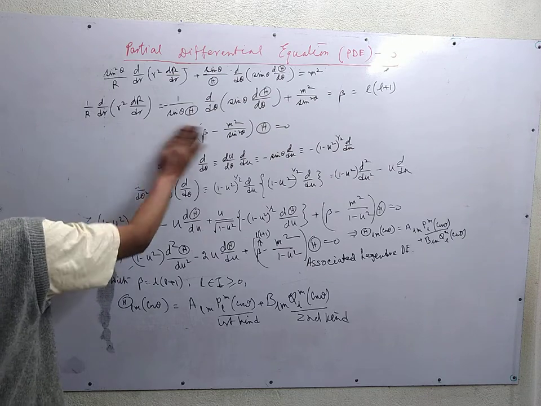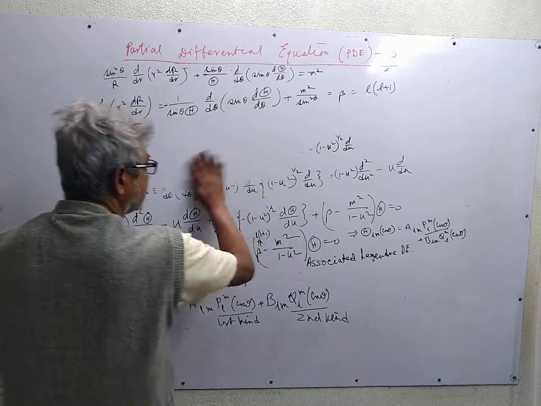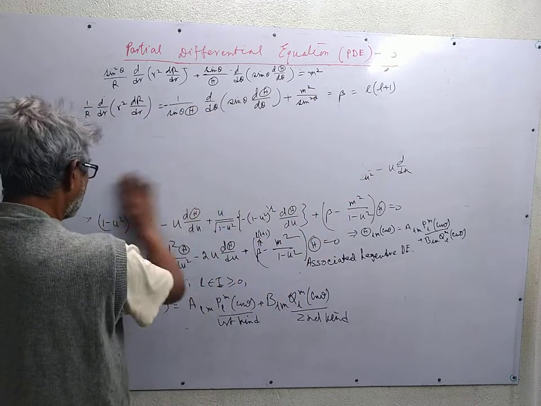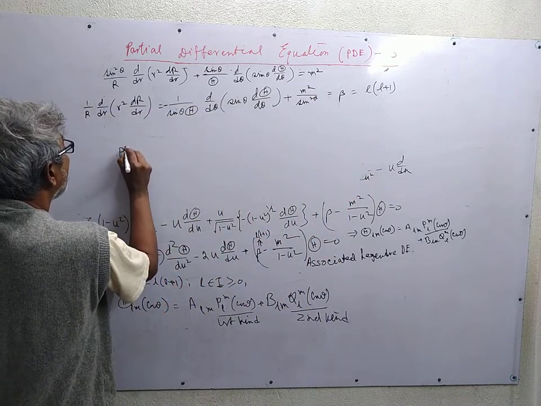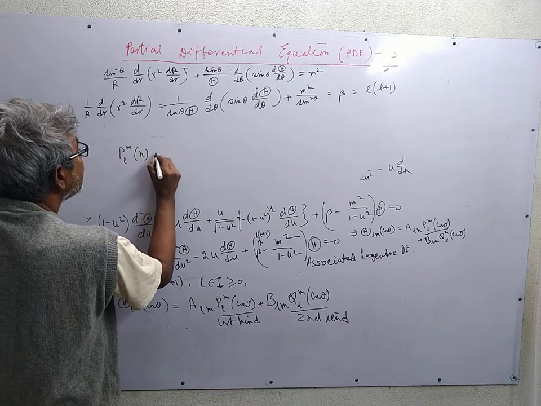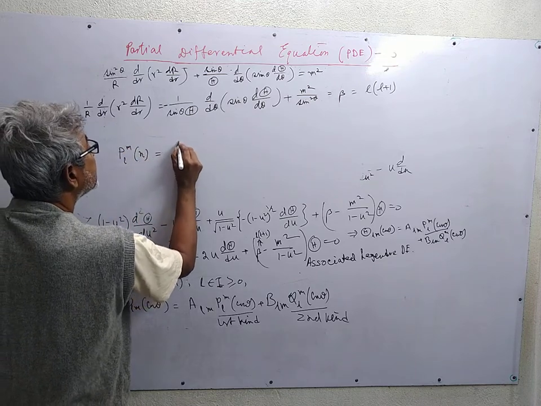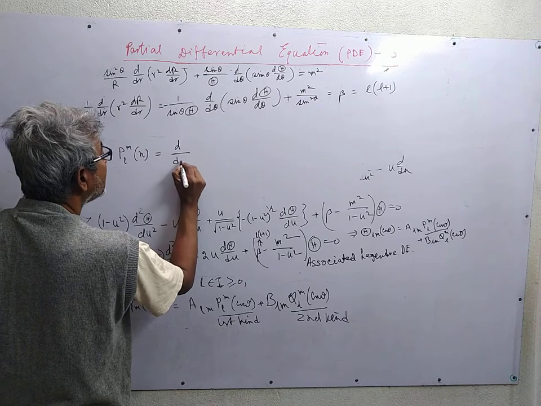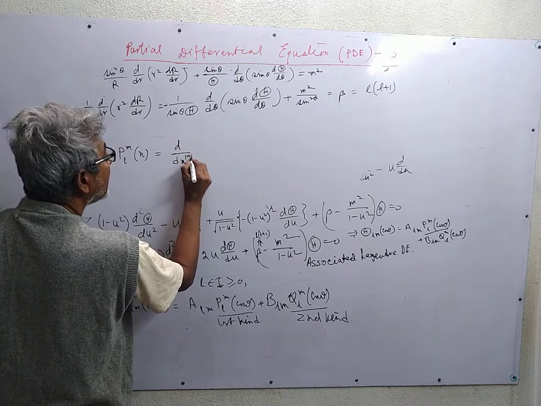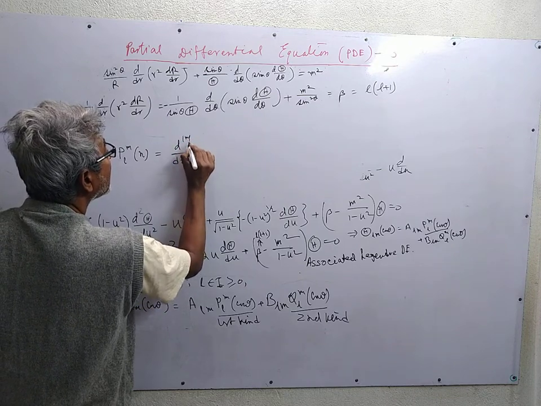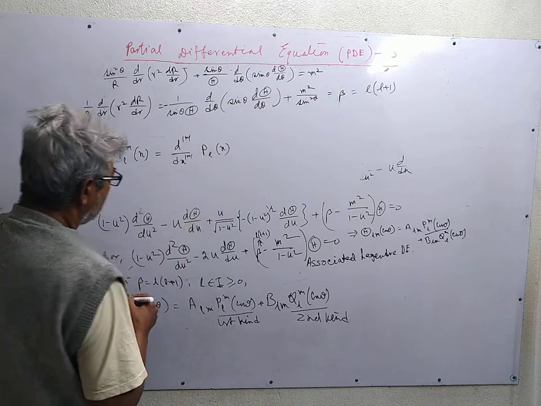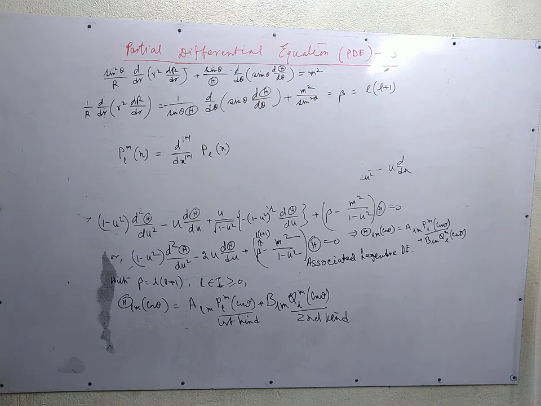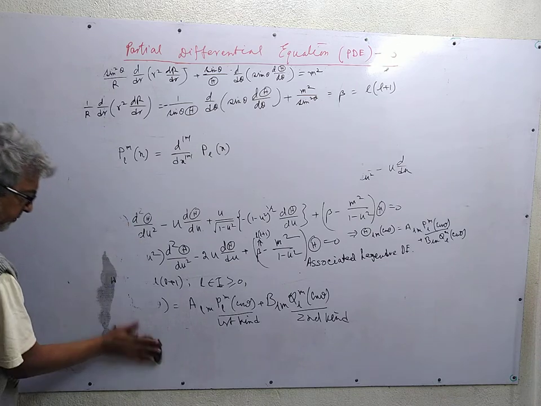Let me just state the relation. P L M of x is related to the M-th derivative of P L of x. You know that M could assume positive as well as negative values.